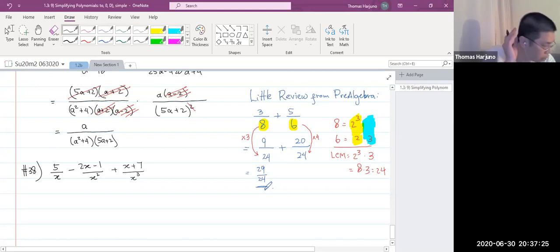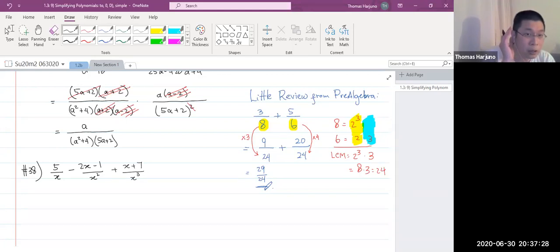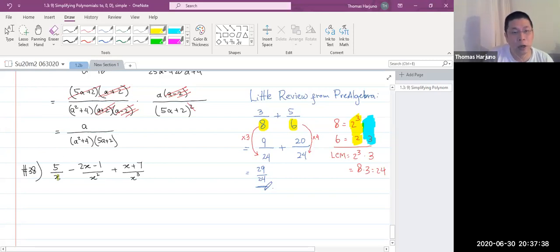No, I'm sorry. I think I looked at the wrong one. Did I look at the right one? Oh, yeah, that's right. Now, you see we have the denominators x, x squared, x cubed. They have the same base, right? All base x.